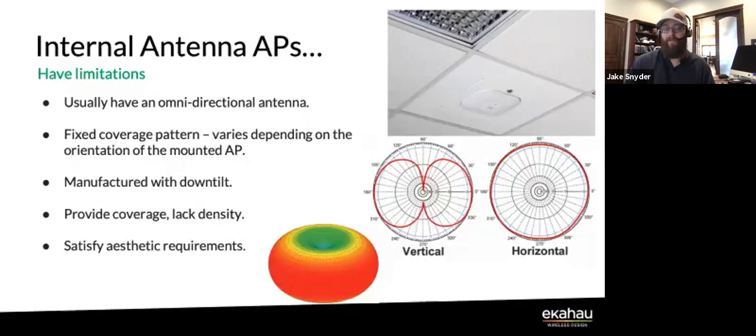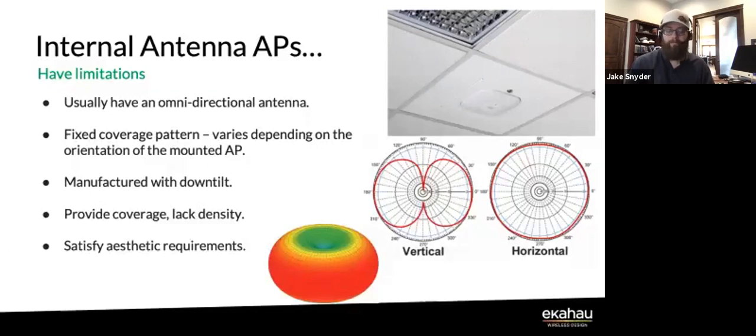The other caveat is that certain antennas lend themselves well to externals because of space. If you look at the shapes and sizes of some of these antennas, some are larger than the access points themselves, so you're constrained in what you can do with an integrated antenna AP.